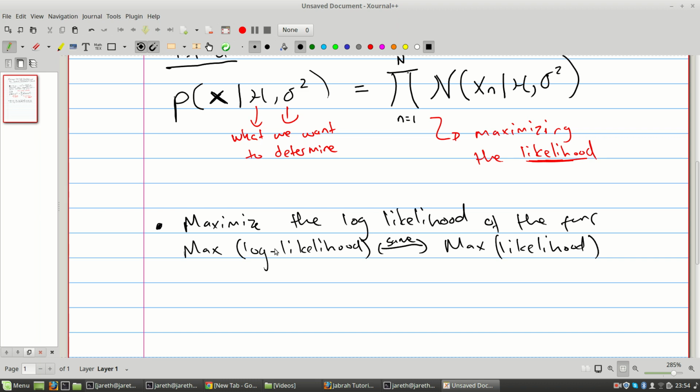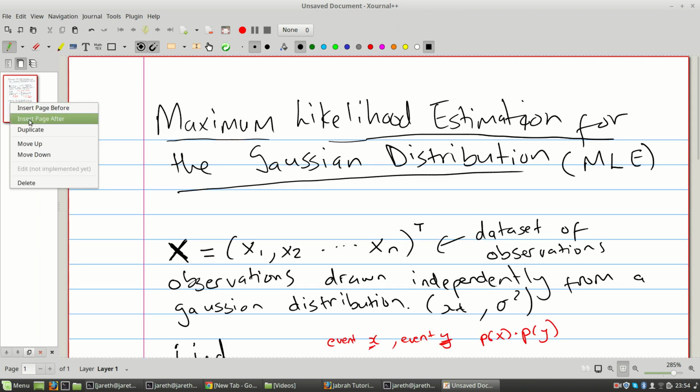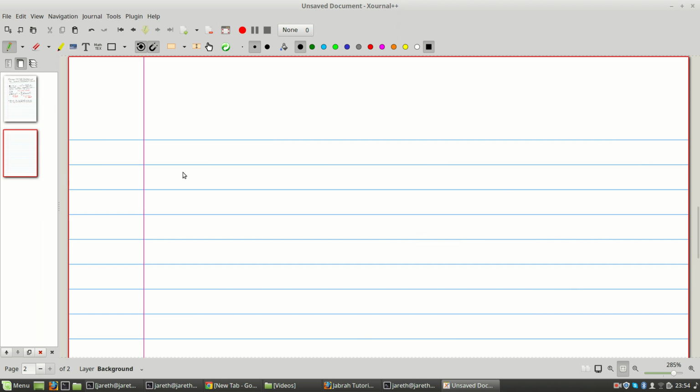So let's go deeper into how we go about doing that. I'm going to open a new page for this because this might be a bit involved. Let's look again at the equation at hand. What do we know?